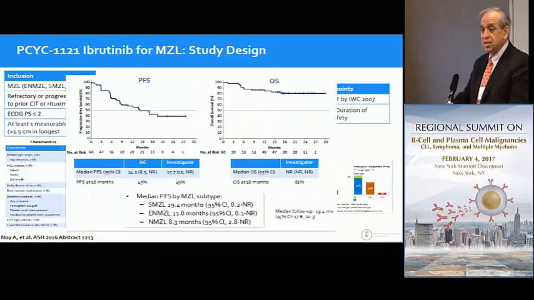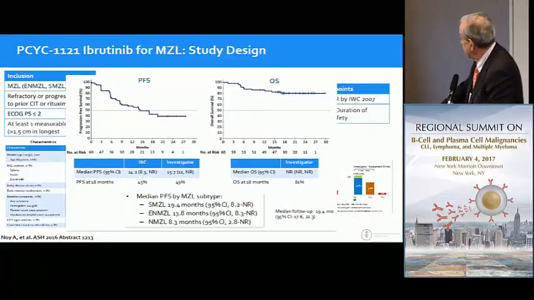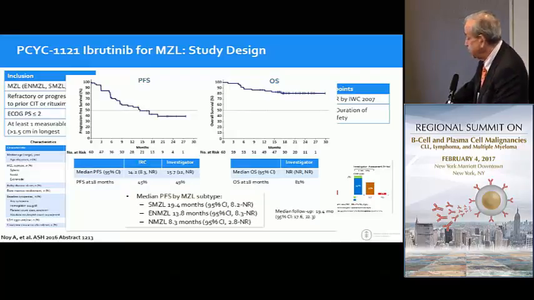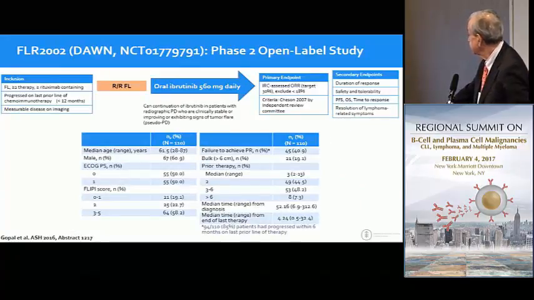Here are the time to event curves, and this was a relatively favorable population with only 2 prior treatments, which is why the overall survival looks as good as it does. But the median progression-free survival, particularly in splenic marginal zone lymphoma, looks quite favorable at 19 months. Certainly doesn't look as good in the nodal marginal zone lymphomas.